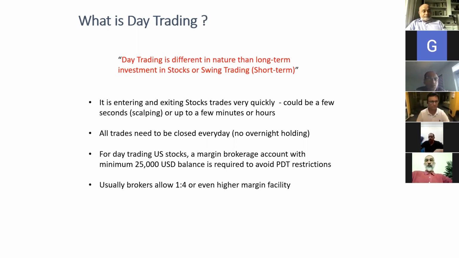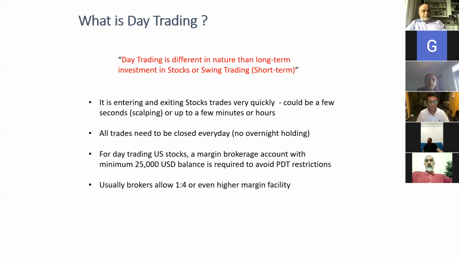And in the US, we need to have a minimum $25,000 US dollar balance because there are certain requirements known as the PDT requirement, the pattern day trader requirement. Usually brokers allow 1 to 4 or even higher margin facility, which means that if you have $25,000 or $30,000, then you can borrow and trade stocks up to 4 times, sometimes even 6.